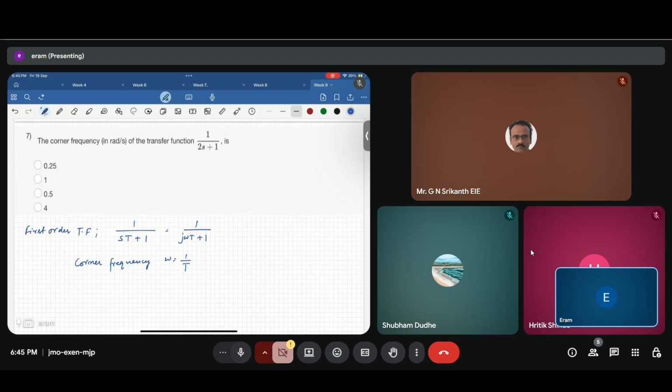It is equal to 2. Then what will be 1 by T? It will be 0.5. So the corner frequency is 0.5, because T here is 2, so it is 1 by 2, which is 0.5.